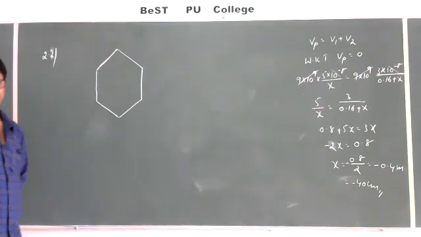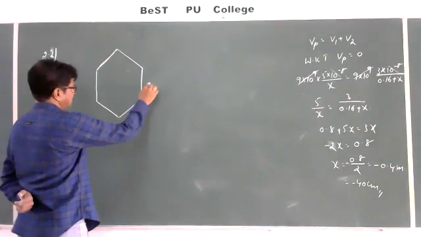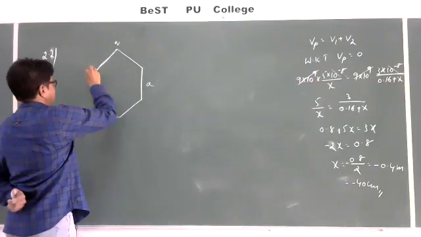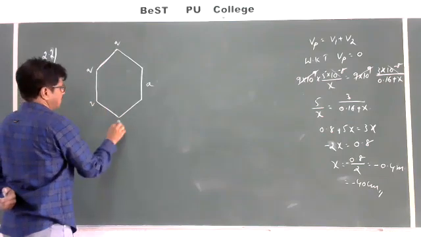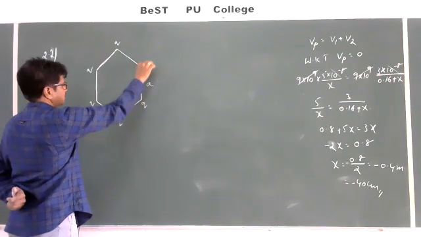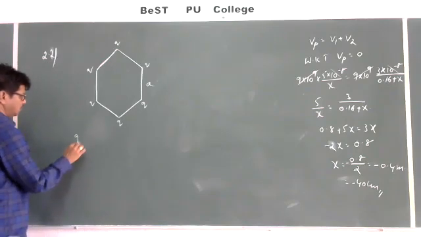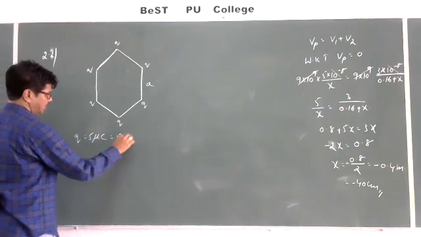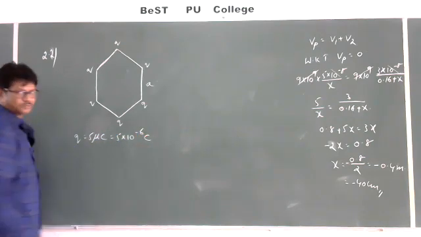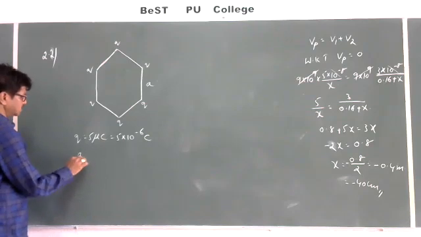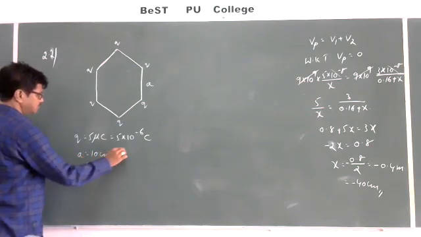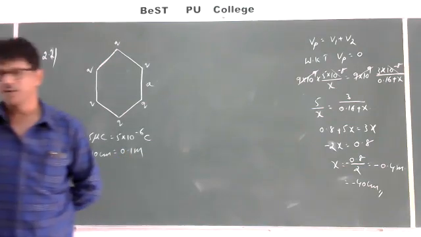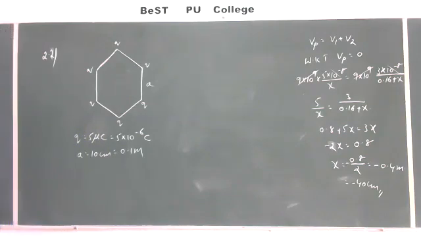In fact, a charge Q is placed at all the 6 corners of a hexagon, where Q is equal to 5 microcoulomb, that is nothing but 5 into 10 to the power of minus 6 coulomb. A is equal to 10 centimeter, which is equal to 0.1 meter.